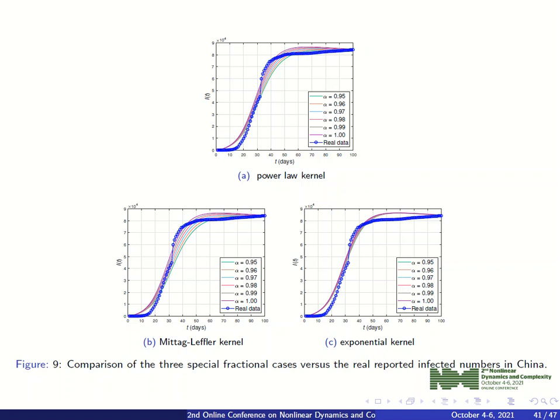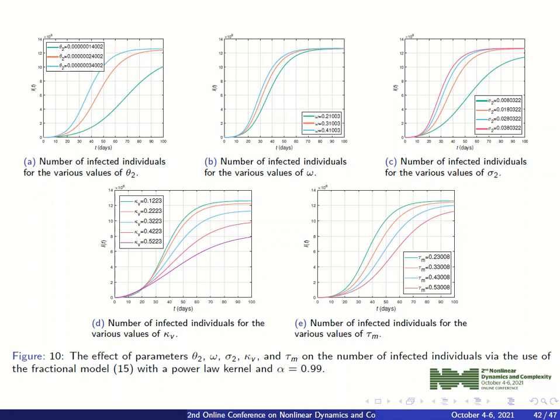Figure 9 displays the fractional simulation by considering the power law, Mittag-Leffler, and exponential kernels versus the real reported cases of COVID-19 in China. We will examine the effect of some parameters on the system dynamics hereinafter.